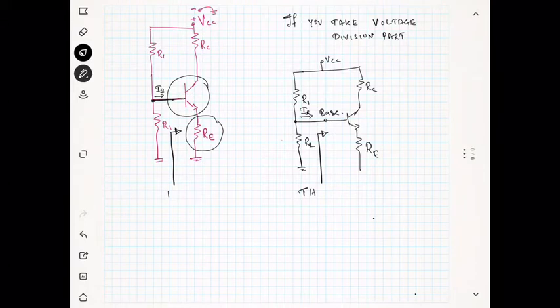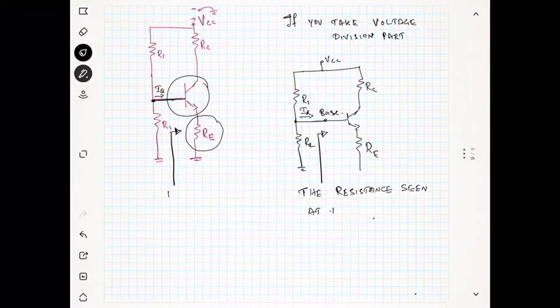How do we find the resistance seen at the base?